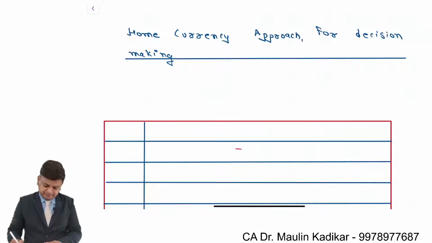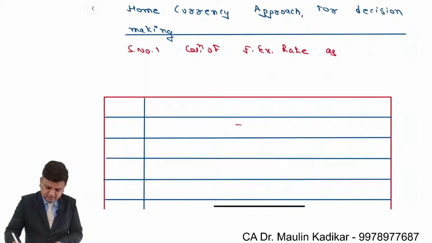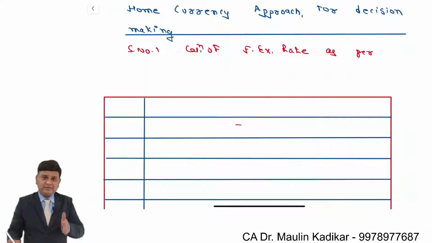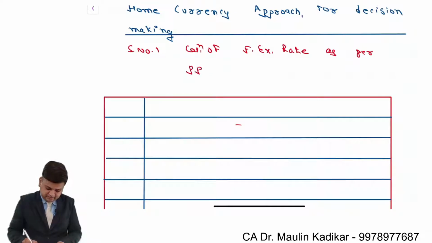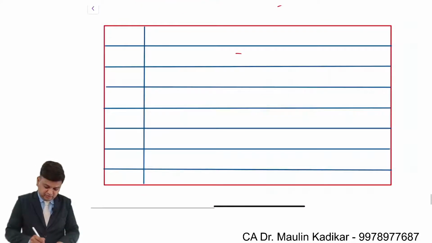In that, write down step number 1, calculation of forward exchange rate as per purchasing power parity theorem, triple PT, Nepalese currency per rupee. That is what we are required to compute.